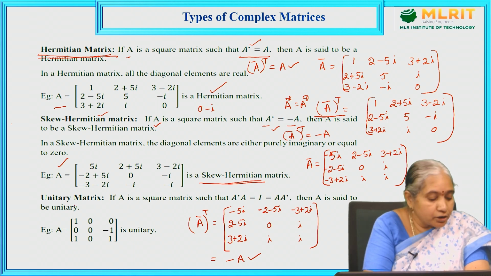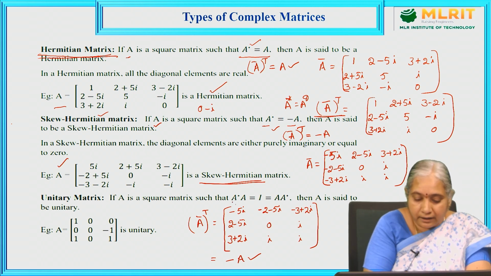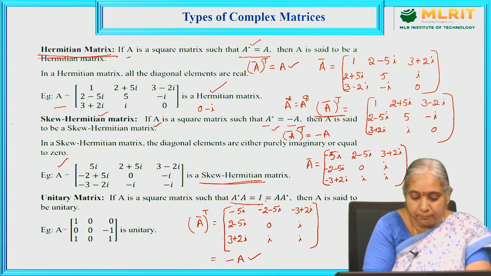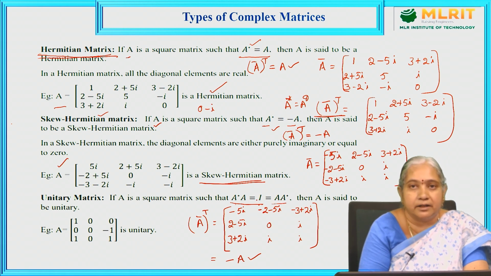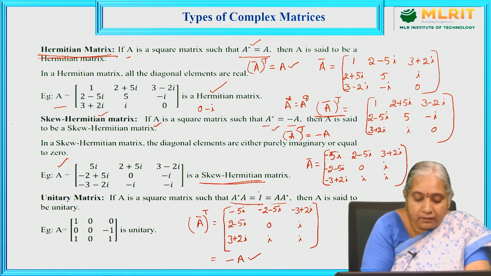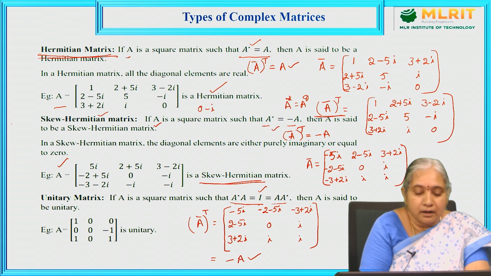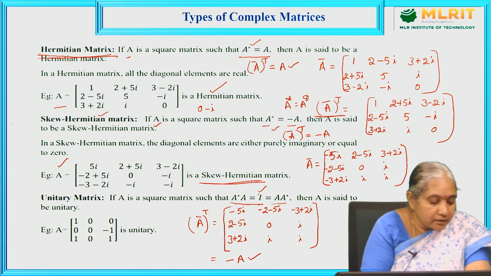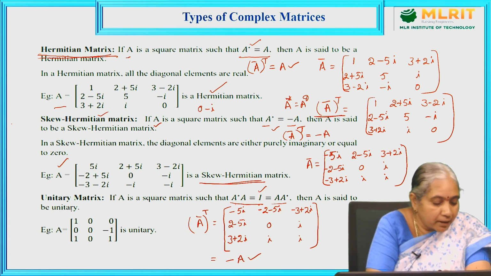The definition of unitary matrix is A star A equal to I, where I is the identity matrix and A star is the conjugate transpose of the given matrix A. So the product of the given matrix and its conjugate transpose is the identity matrix. If we get the identity matrix, then we say that the given matrix A is said to be unitary matrix.